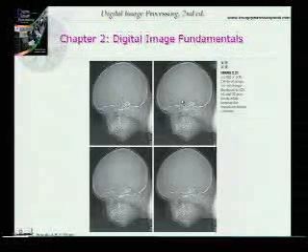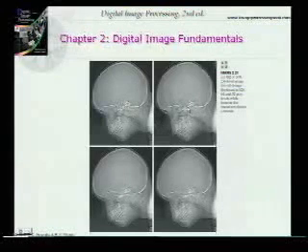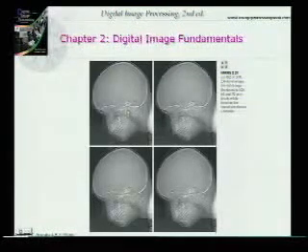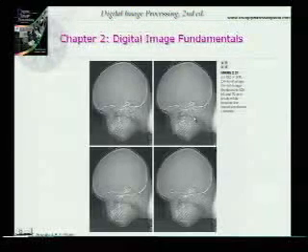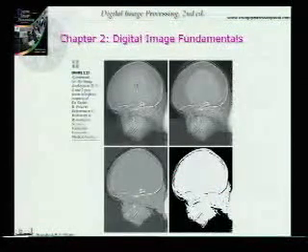Sorry, this is the original with 256 levels of amplitude quantization. So now we're quantizing the amplitude. Here's the same thing with 128 levels of gray, 64, 32, 16, 8, 4, and 2.